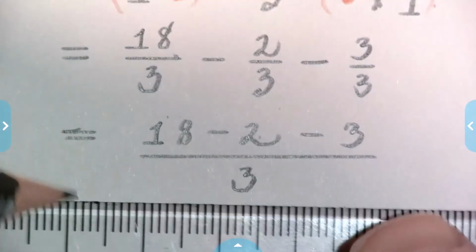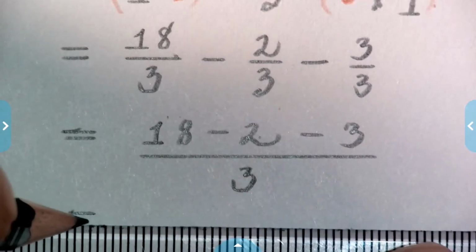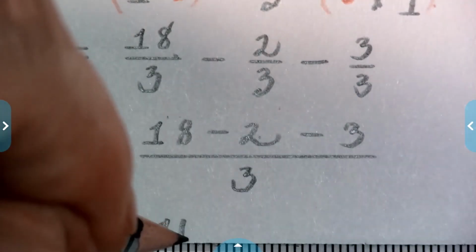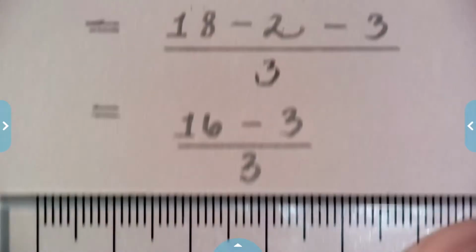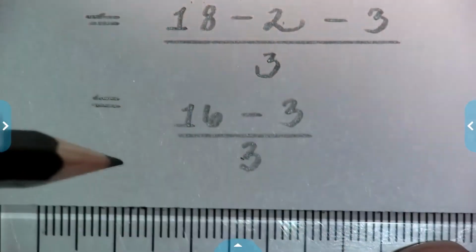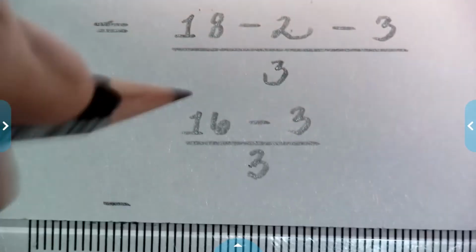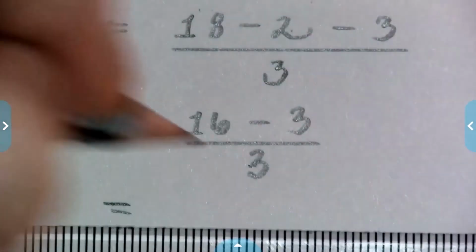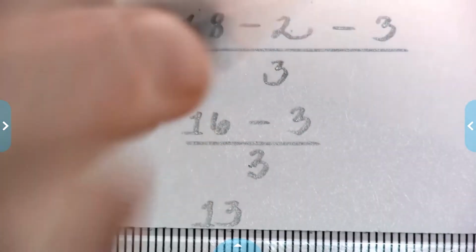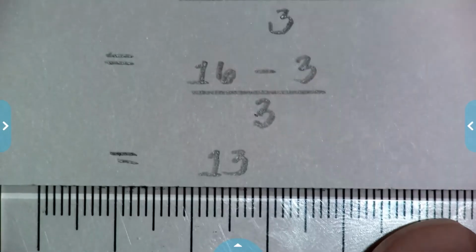Okay, so my next step would be to say 16 minus 3 over 3. Well, 16 minus 3 is 13. So I can say 13 over 3.